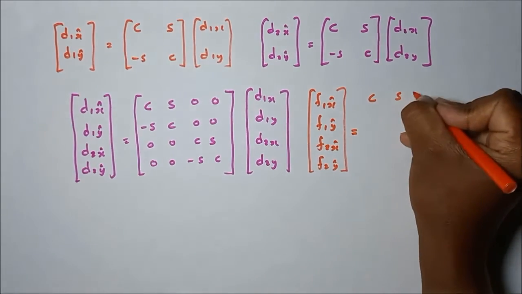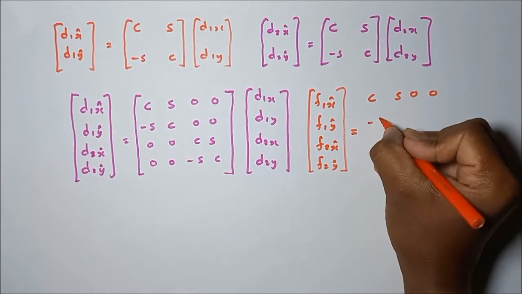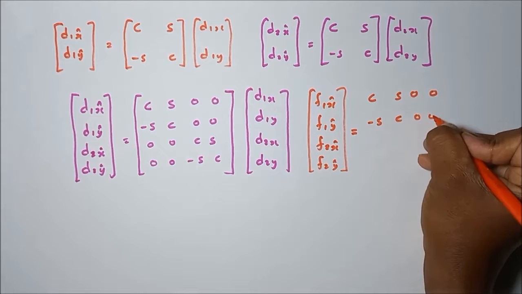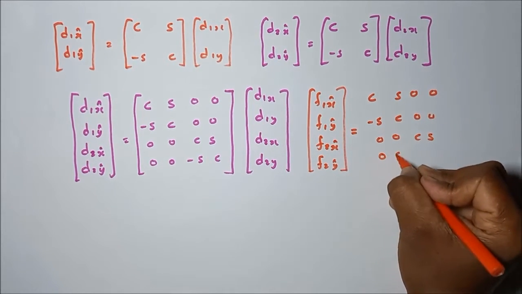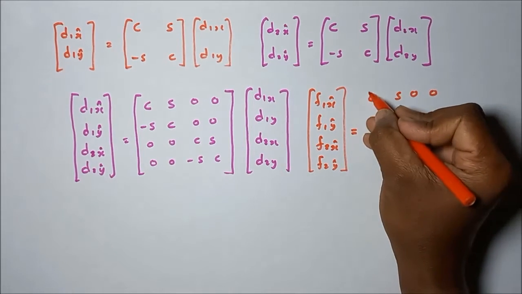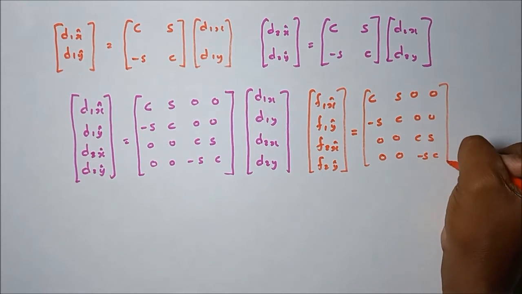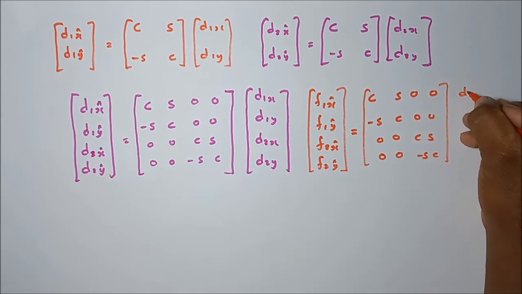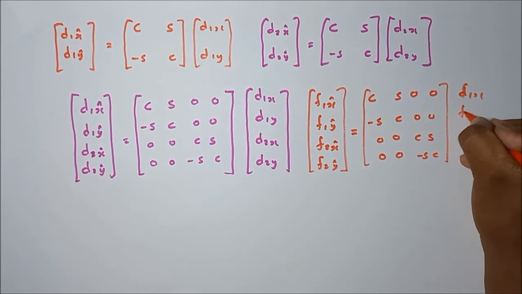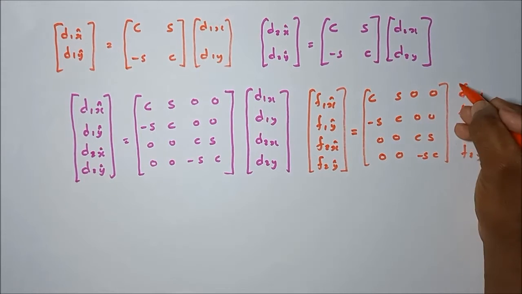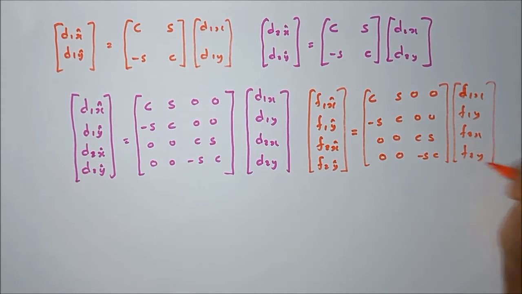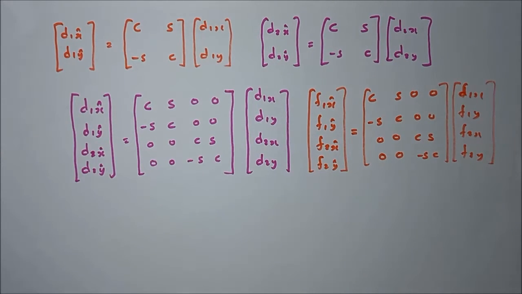I am not going to do that here. The matrix is 00CS, 00 minus SC, times f1x, f1y, f2x, f2y. Here we have the nodal displacement transformation matrix and the nodal force transformation matrix.